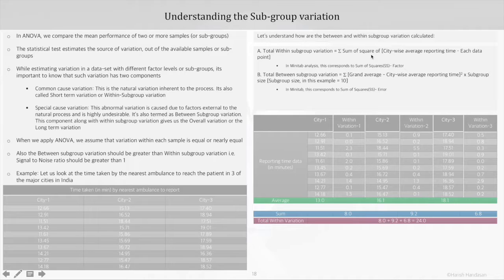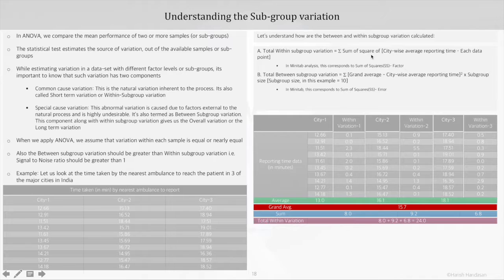That means the subgroup size is 10. And this term, the between subgroup variance, statistically it is called the sum of squares for error. So to calculate the between subgroup variance, first we need to find the overall mean, which is 15.7 in this case.